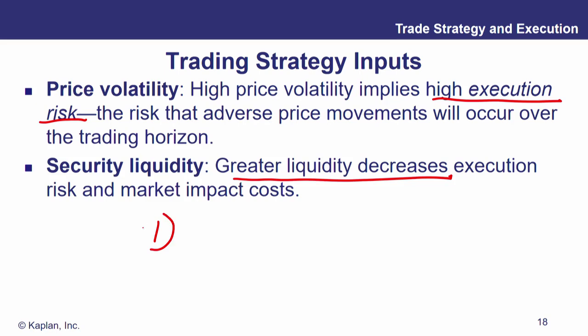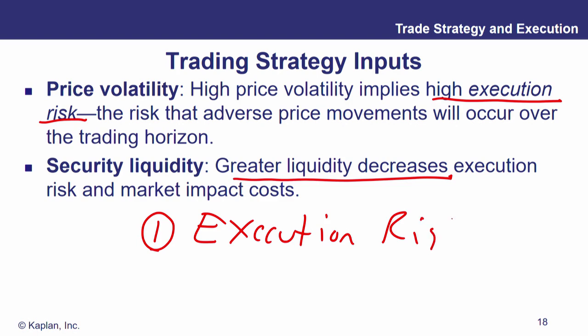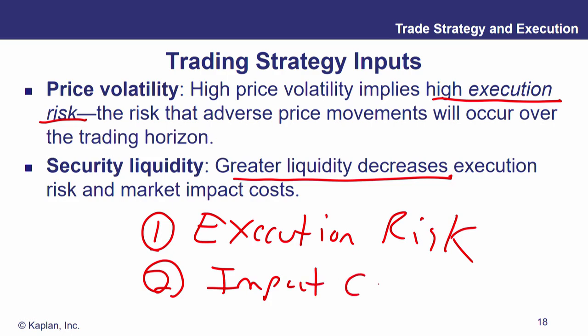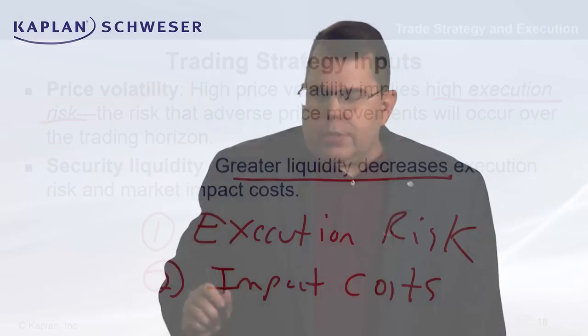So kind of take a step back. You're trading. Two major things I want you to think about are execution risk, and then I want you to think about impact cost from the trade. Because there might be a chance you won't even get the trade done, and then also these impact costs.